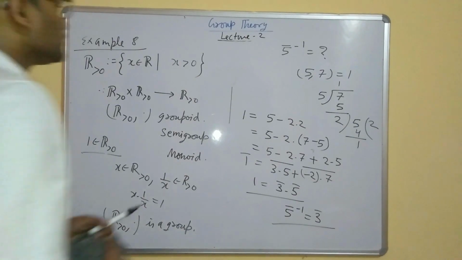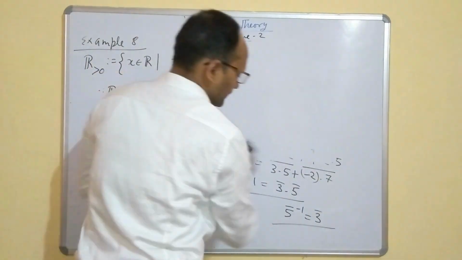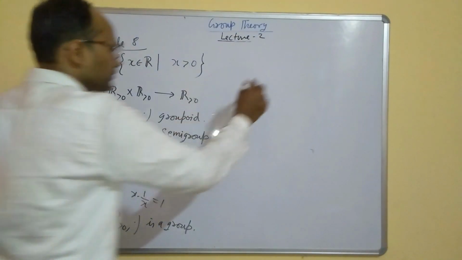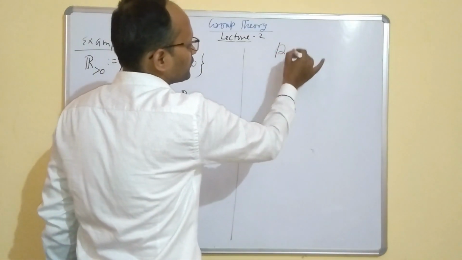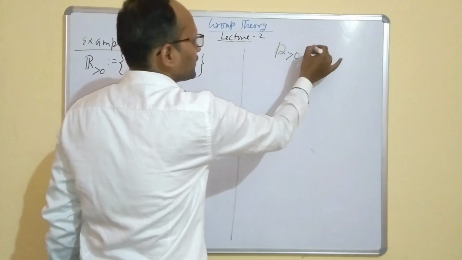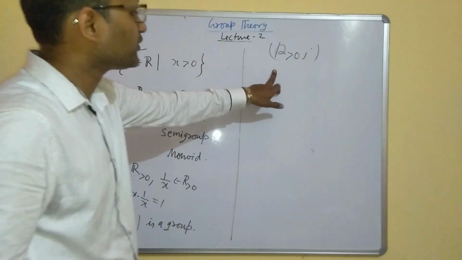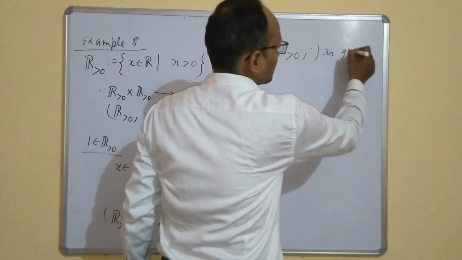Similarly, one can show that Q greater than 0 with respect to multiplication, those rational numbers which are greater than 0, is also a group.